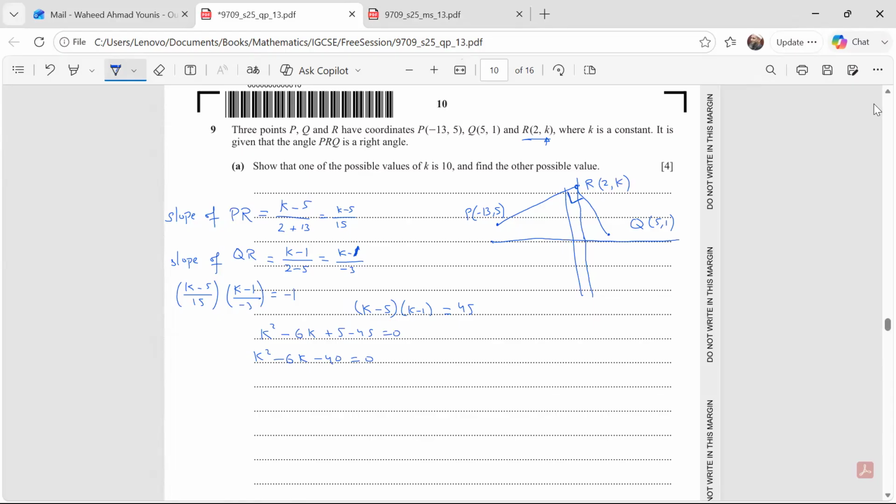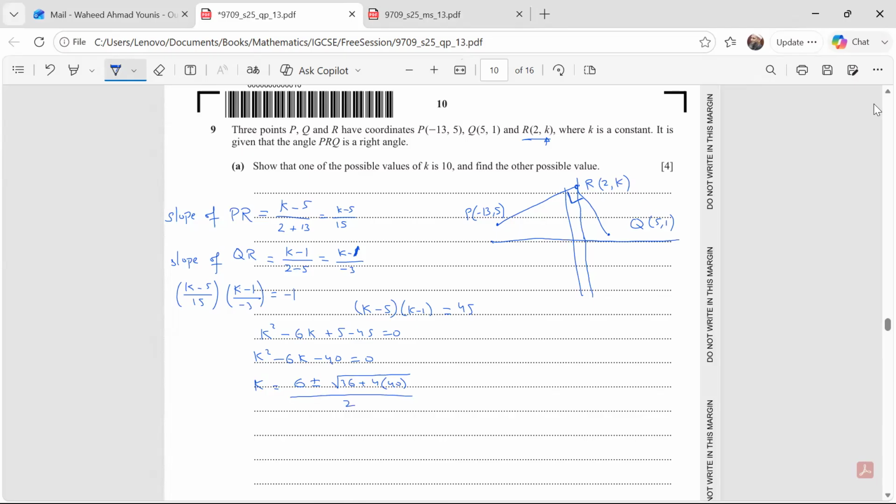When we solve this quadratic equation, k equals minus b plus or minus the square root of b squared minus 4ac, where a is 1 and c is minus 40, all divided by 2a.